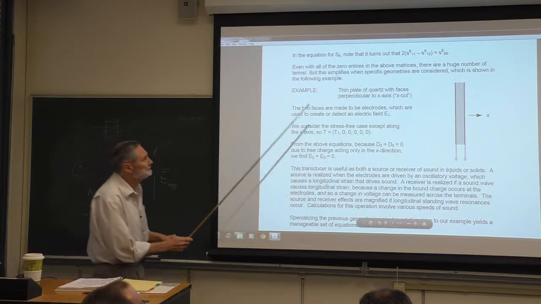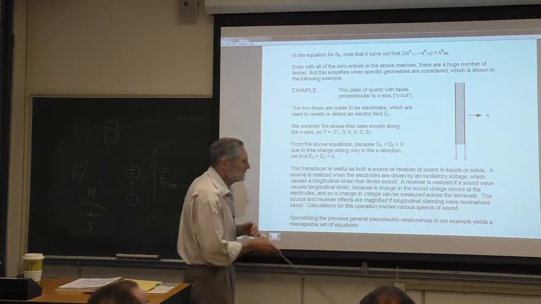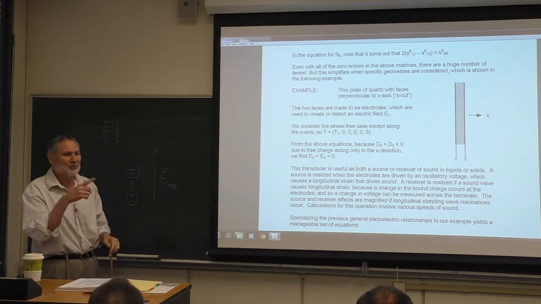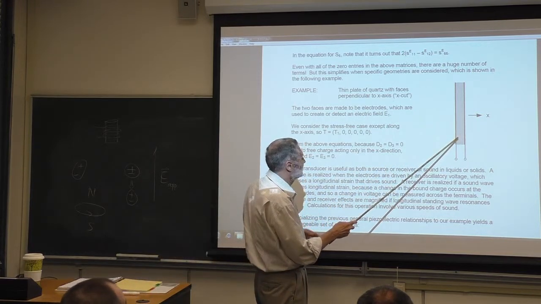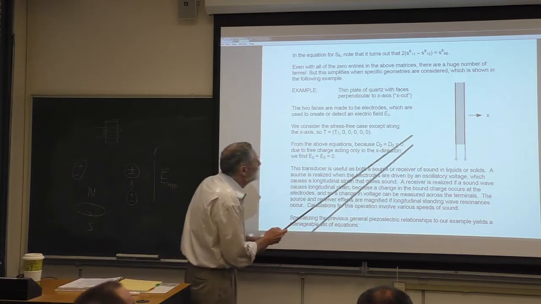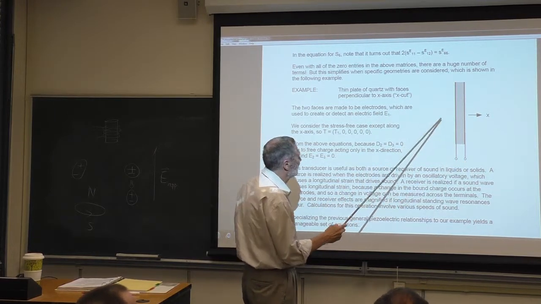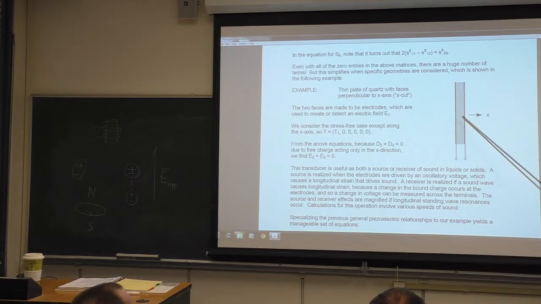This is alpha quartz, and the x-axis has a specific meaning. You can't just choose the x-axis anywhere. It refers to the crystalline structure. We're going to suppose that it's cut like this, called an X cut, cut perpendicular to the X-axis. And let's imagine electroding these two faces right here.